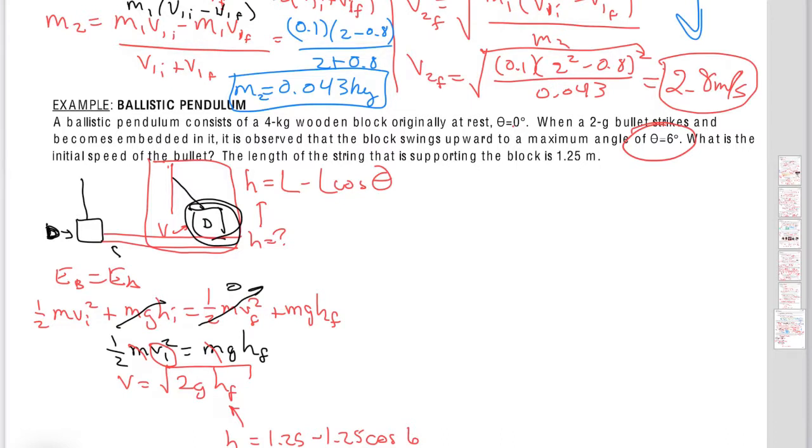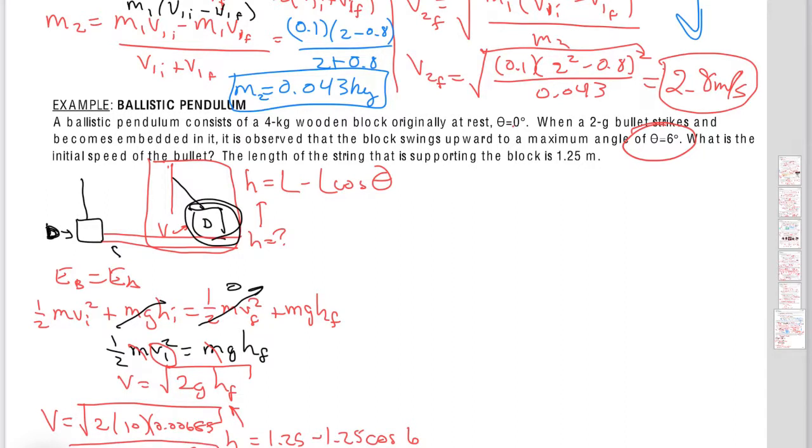It's going to be a small number, so the height it moves is 0.00685 meters. Then v equals the square root of 2 times 10 times 0.00685, and I find that it's moving off at 0.37 meters per second.